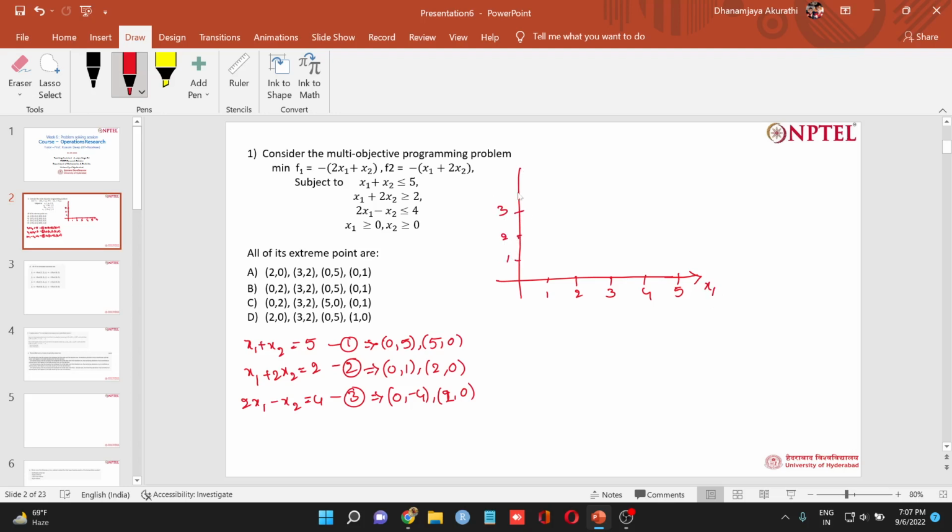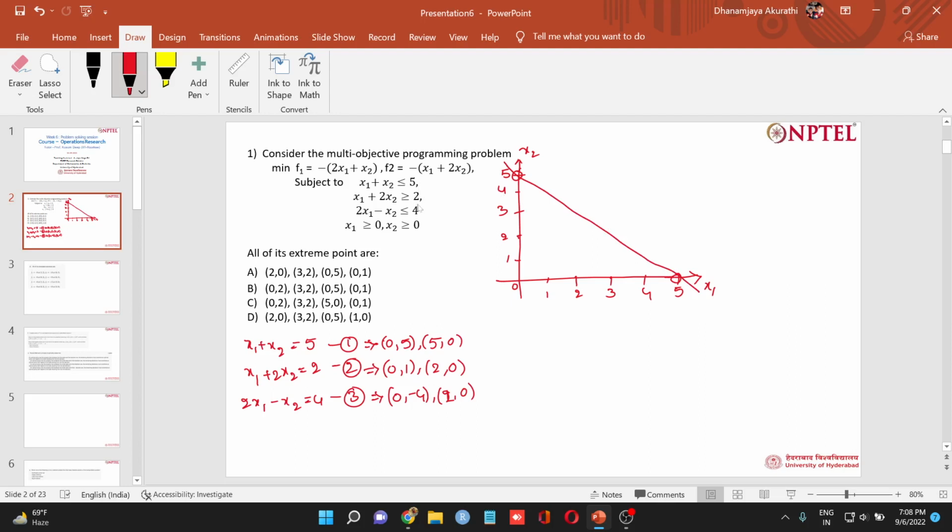This is the basic graphical method, and this is x2. So for the first case, you can observe that x1 is 0 and x2 is 5. So the point is located here. Next, x1 is 5, x2 is 0. The point is located here. Then we can draw the line.